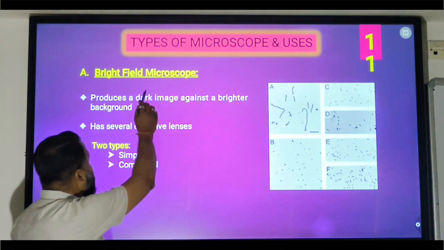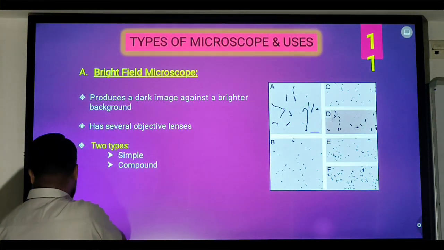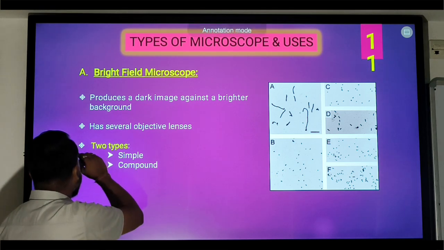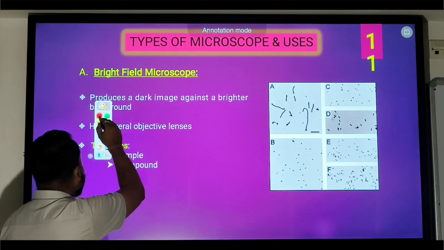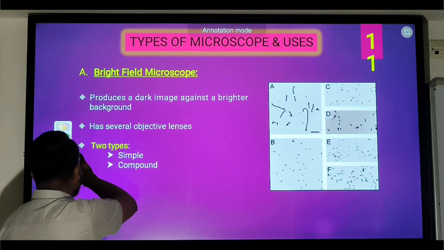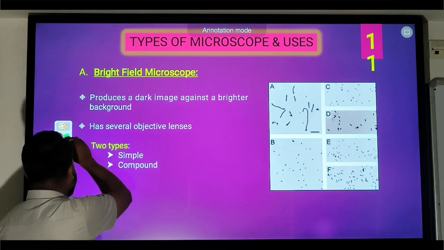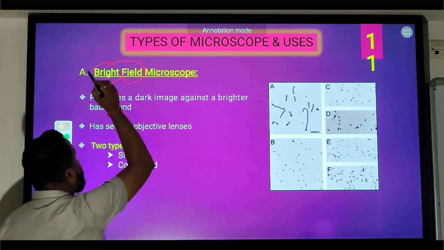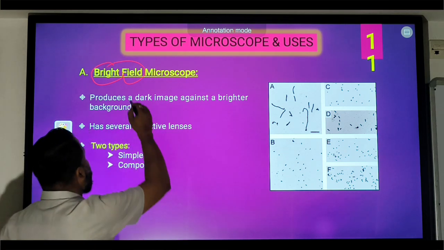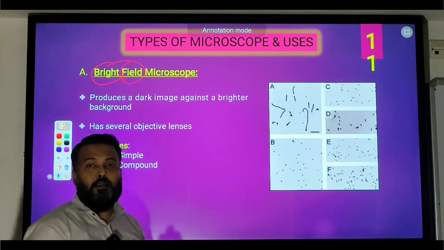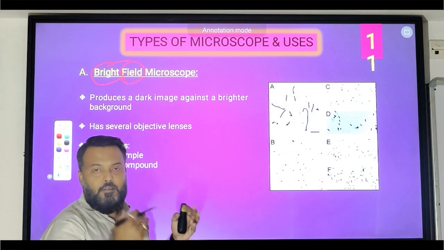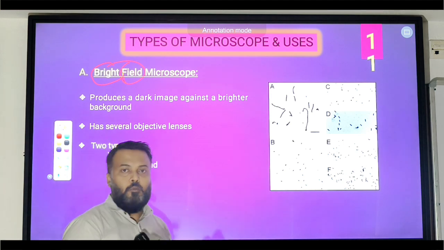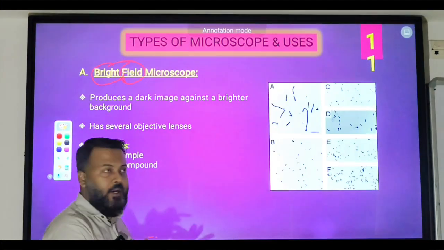So bright field, here it is field. As it is written here, bright field. If you concentrate on it, field means the background. If we say something about field in this particular microscopy, we are talking about the background.